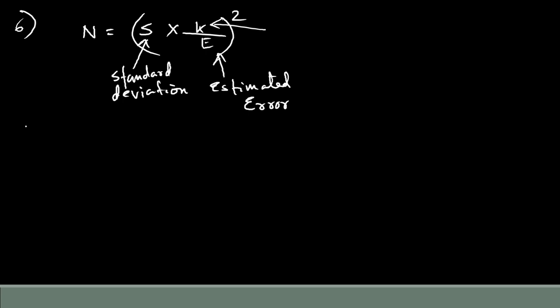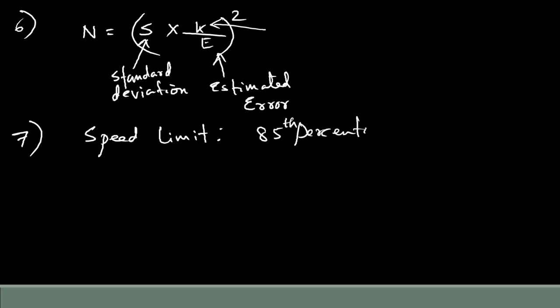Next, what is important for the traffic operations study topic is the 85th percentile speed. The speed limit is generally based on the 85th percentile. This is not a percentage. Okay, 85th percentile speed.